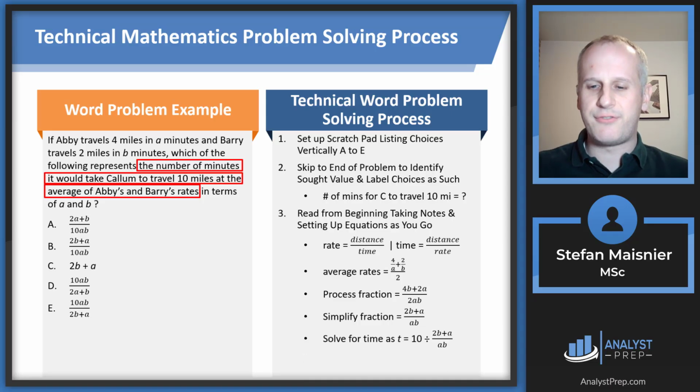Then we want to solve for time, as t is going to be equal to 10 divided by all of this based on our distance over rate formula.